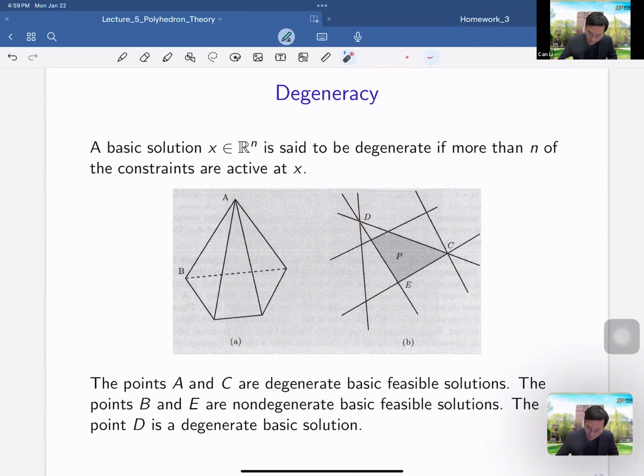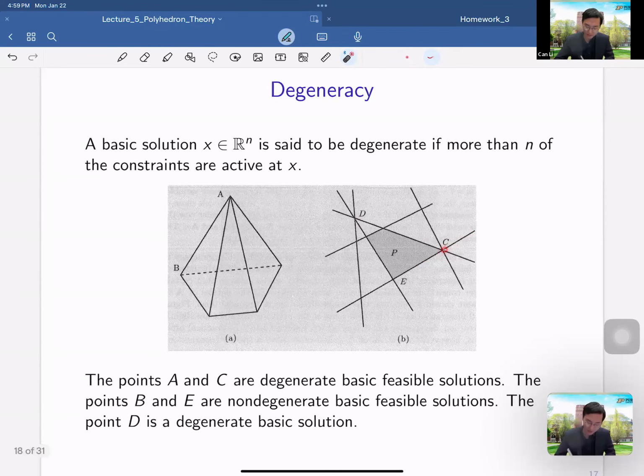And similarly, for this point C, 3 constraints are active, right? This is 1, 2, and 3. Then this point C is also a degenerate basic feasible solution. So degeneracy usually happens by coincidence, right?